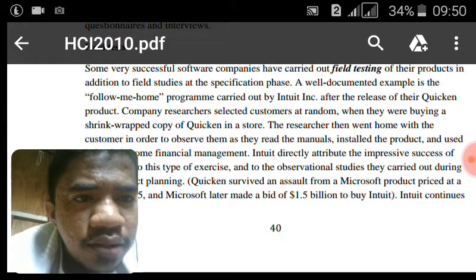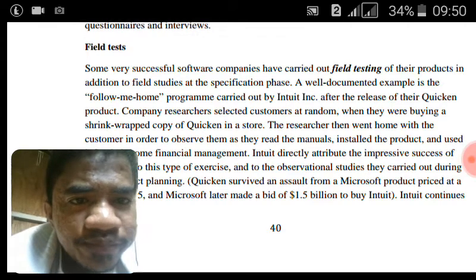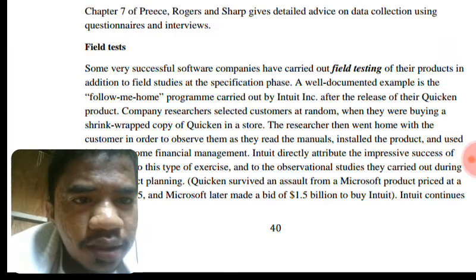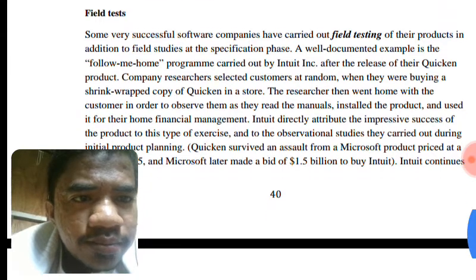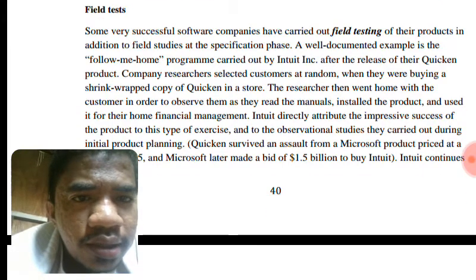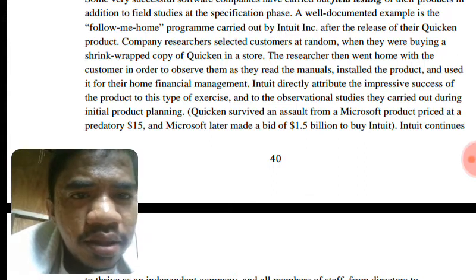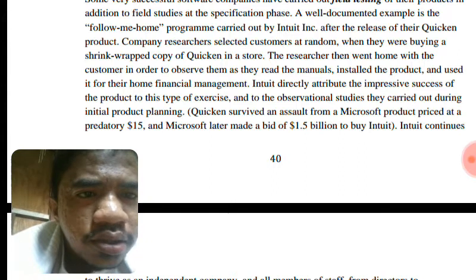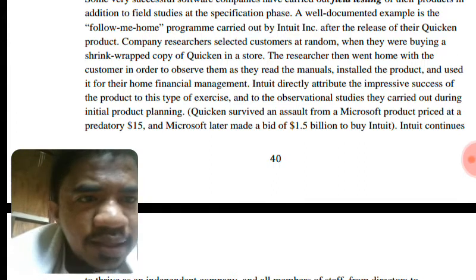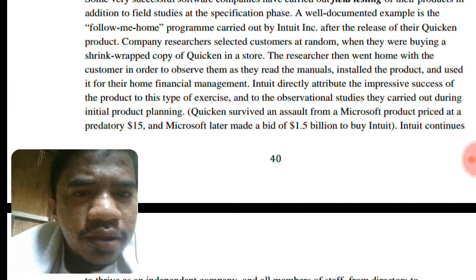After the release of the Quicken product, company researchers selected customers at random when they were buying a shrink-wrapped copy of Quicken in the store. The researcher then went home with the customer in order to observe them. They would read the manual, install the product, and use it for their home financial management.